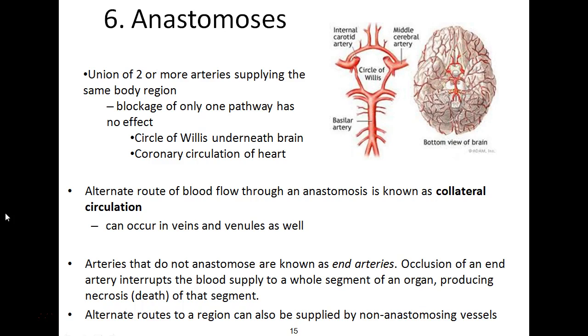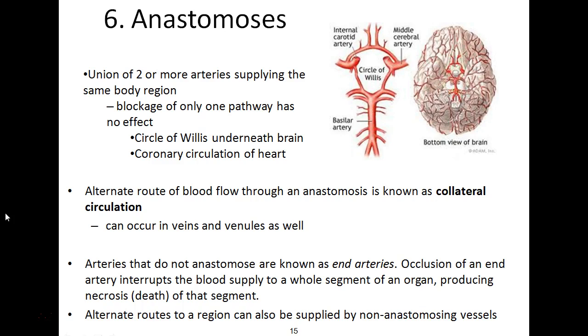Sometimes we have alternative circulatory pathways, and examples include anastomoses and portal systems. An anastomosis is a joining together of blood vessels, the union of two or more arteries. The reason for this is that blockage of one of the pathways has no effect.